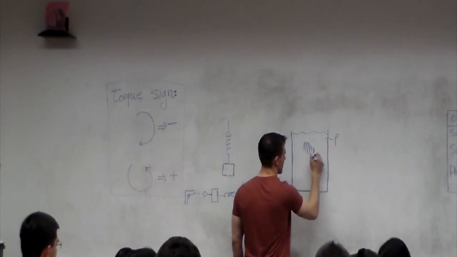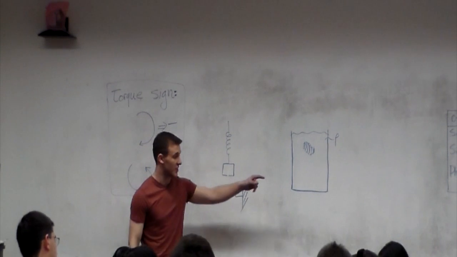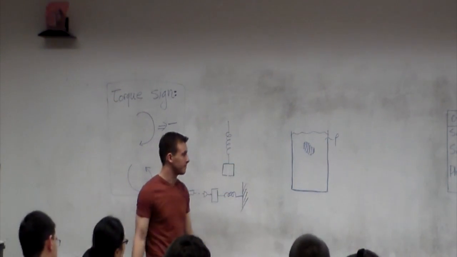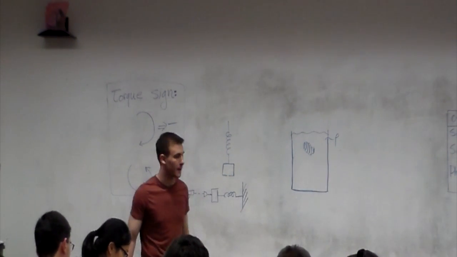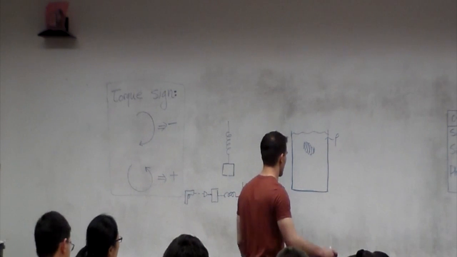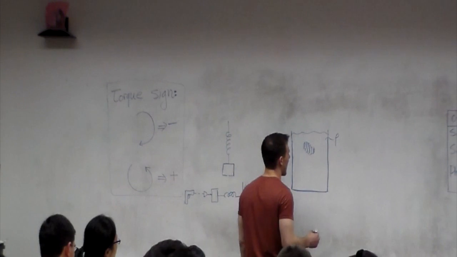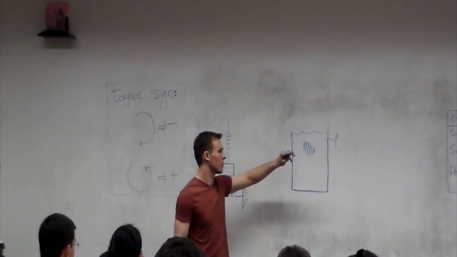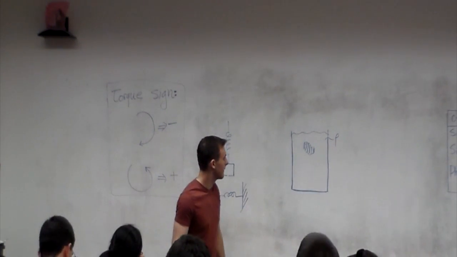This might be a human in a pool or something like that. Actually, remarkably close to water, but yeah, human in a pool. So let's assume for a moment that it's not moving, so it's sort of in equilibrium bobbing there.